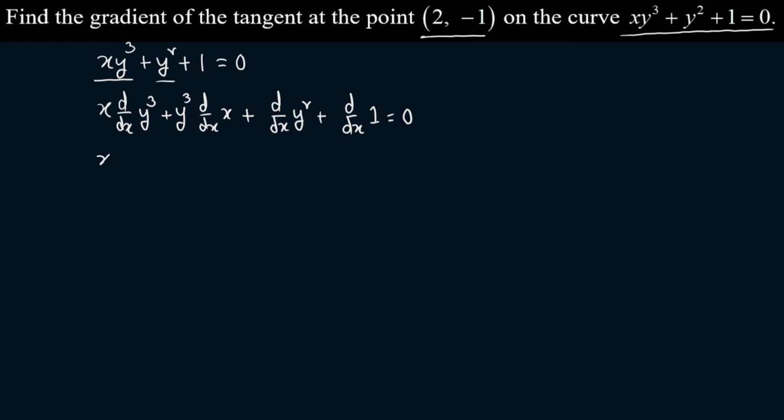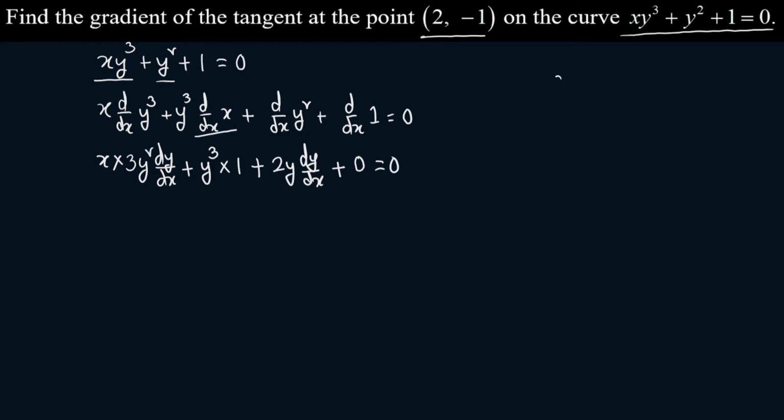So x times the derivative of y cubed, which gives 3y squared, and we need to write dy/dx beside it, plus y cubed times 1, because the derivative of x is 1. Then plus d/dx of y squared, which gives 2y dy/dx, and plus the derivative of 1, which is 0, equals 0 on the right side.